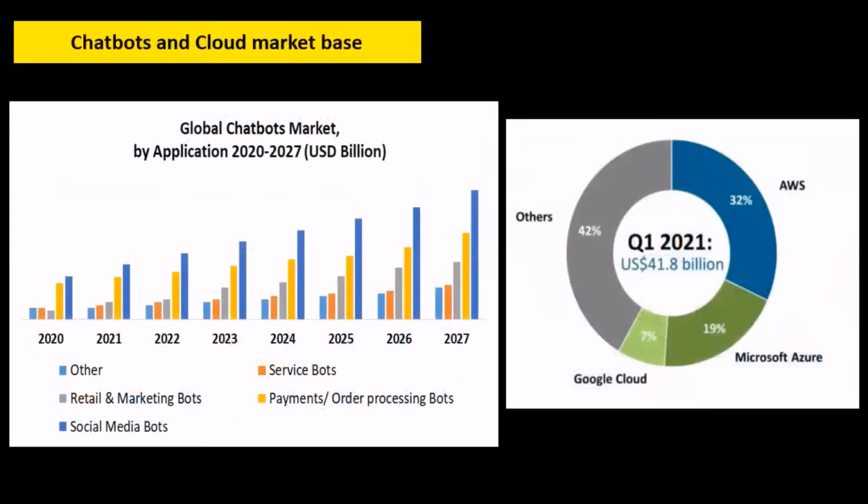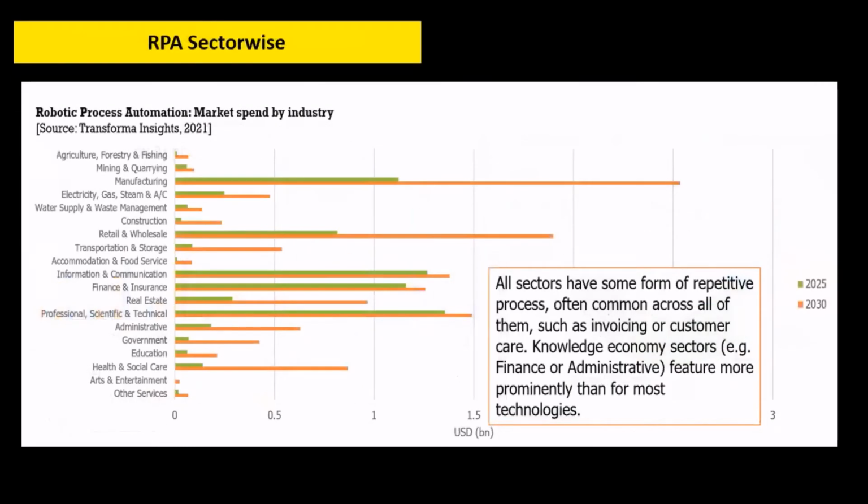This is the data of chatbots and the overall cloud market scenario. Okay, and you can see more and more demand from particular sectors I have mentioned over here. Especially if you consider RPA related sectors, then you can notice that there are so many sectors where we can achieve RPA. Various processes are there in every sector, so we can automate. All sectors have some form of repetitive process.